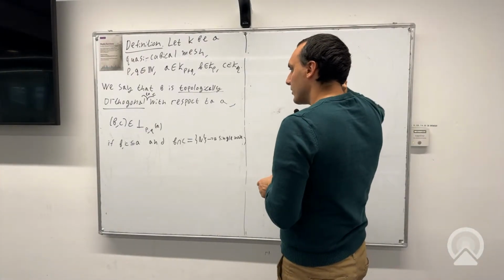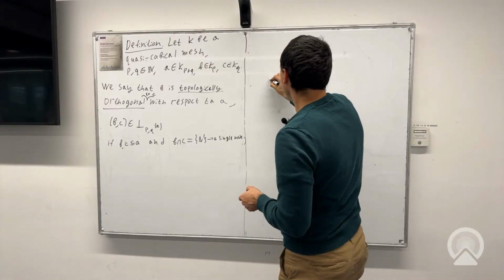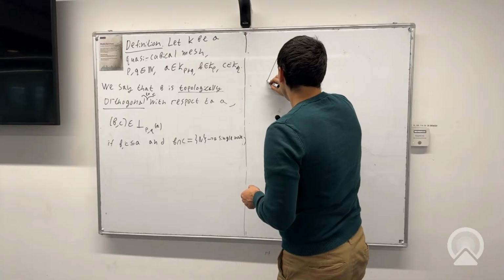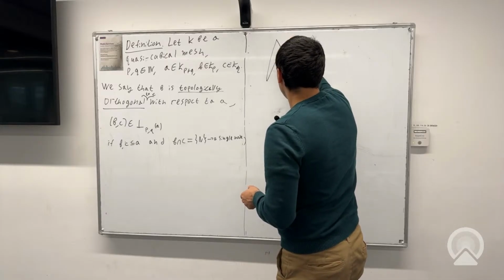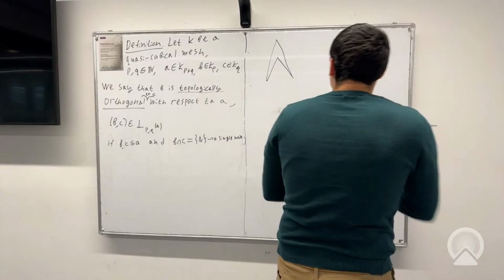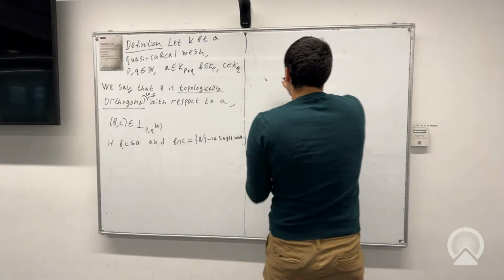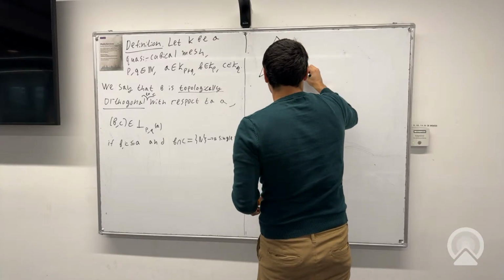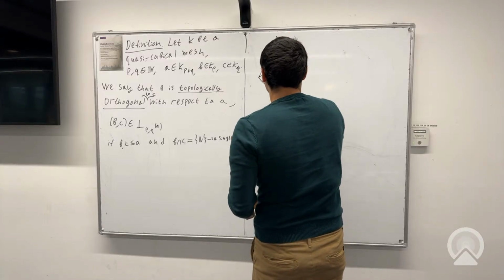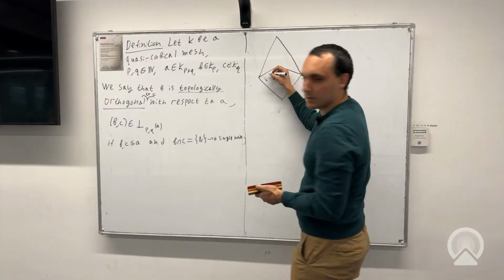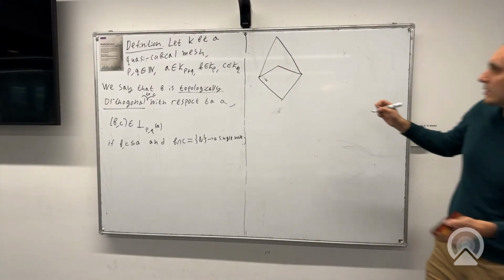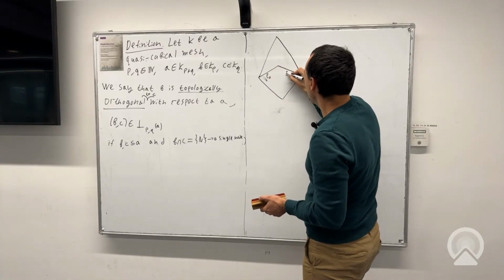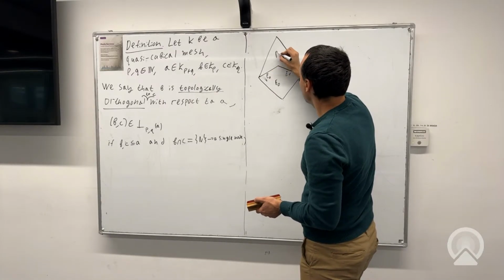Now, I'll give a little bit more interesting example when we have a convex mesh. I'll have this example in the preprint. E0, E1, F0, F1.